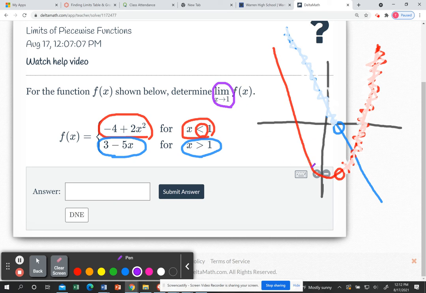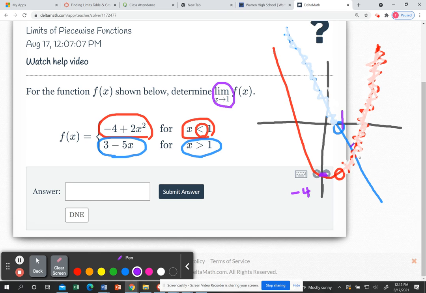If I approach from the left side, what is your value down here, approximately? Can someone tell me? Look at your graph. Approximately, if I'm approaching 1 from the left side, what is this y value? Negative 4. Okay, like negative 4, it might be.